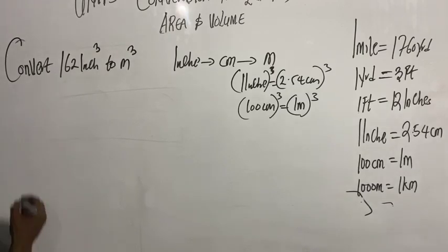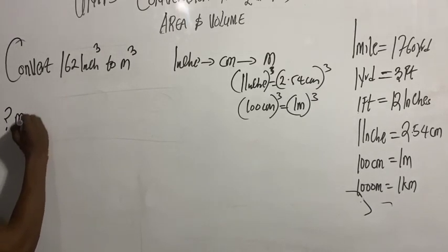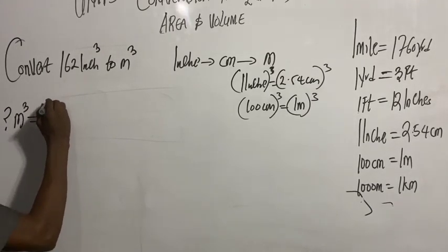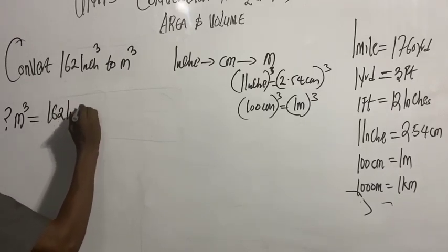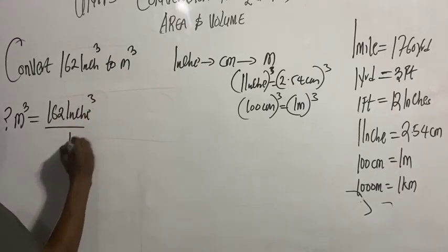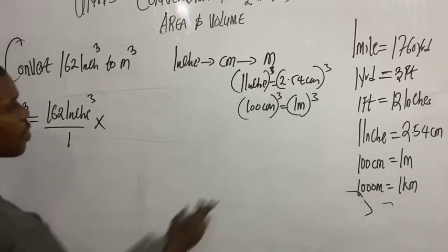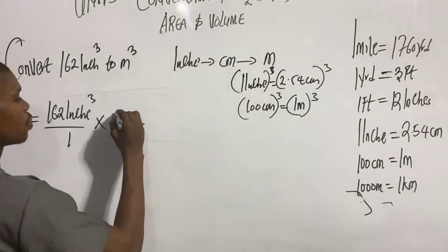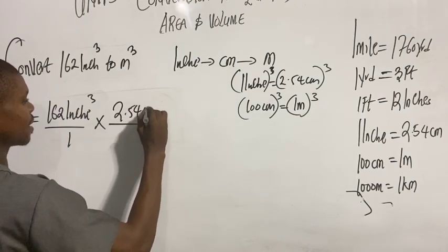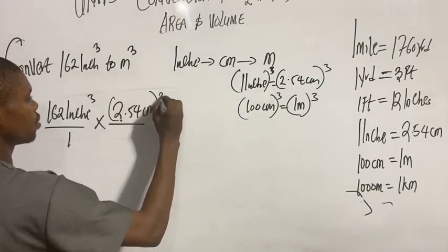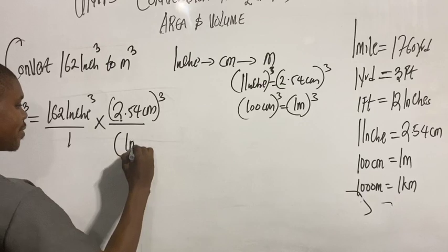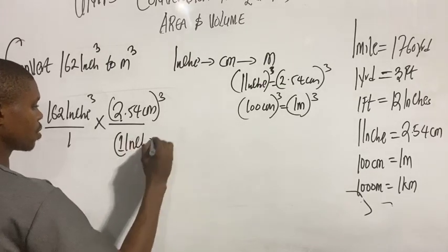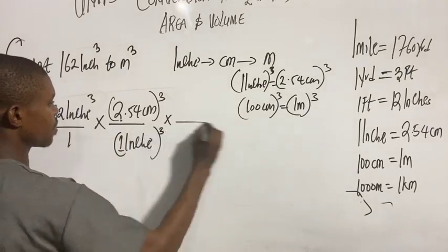So now let's do the conversion here. Remember, we are converting to meter cube, equals 162 inch cube over 1 times. Now the first one here, inch, remember inch should be at the bottom, right? So here I have 2.54 centimeter cube over 1 inch cube, times.